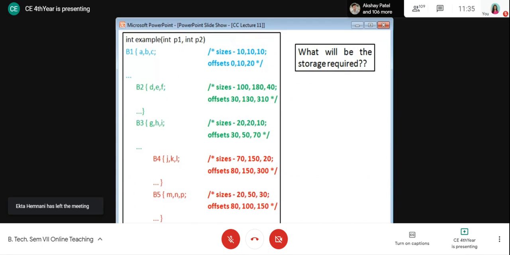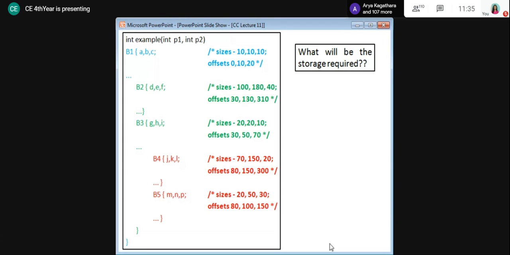Now, can you calculate the amount of storage we will need for this particular example? You have to keep in mind that we have overlapped storage. So we have to just figure out the maximum size required for a particular block or its nesting. Can you try to calculate what storage will be required for this example?